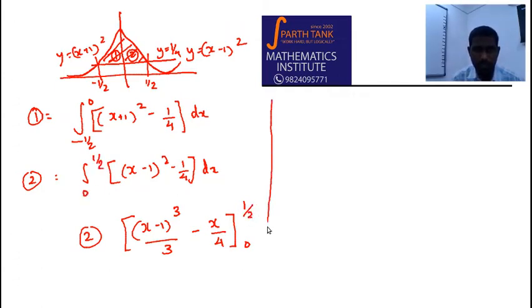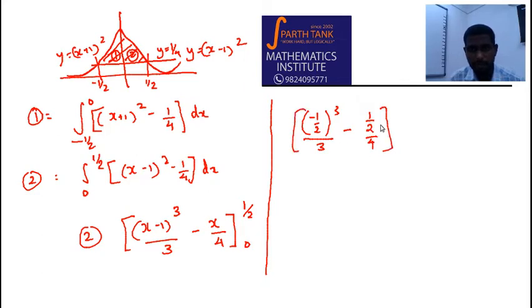So substitute the upper limit. I get (minus 1 by 2) the whole cube by 3 minus 1 by 2 by 4, minus of the lower limit, which gives (minus 1) the whole cube by 3 minus 0.